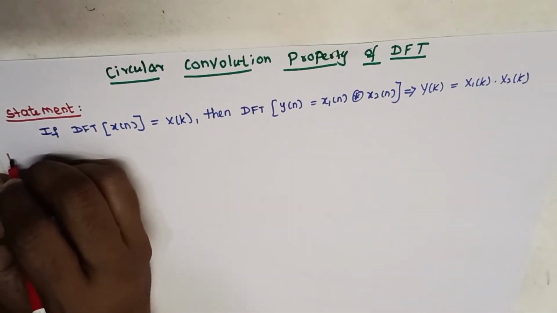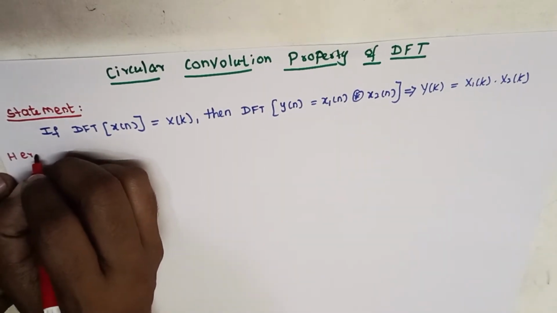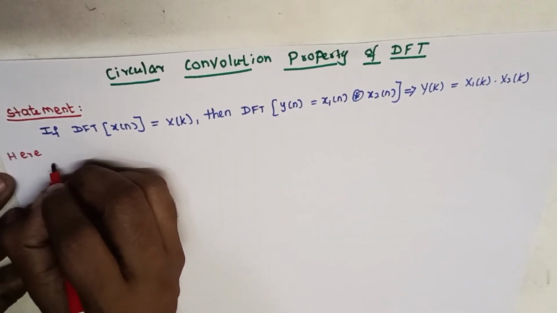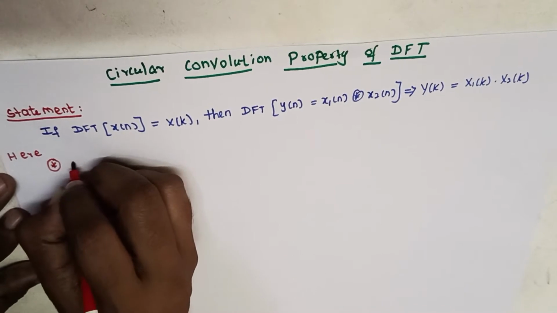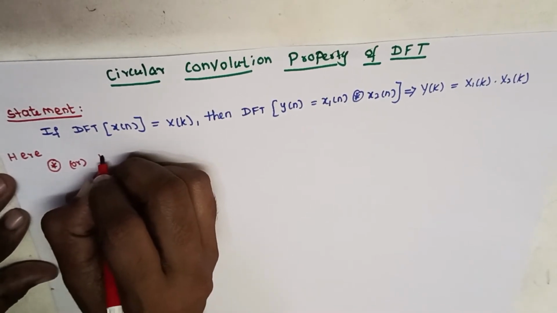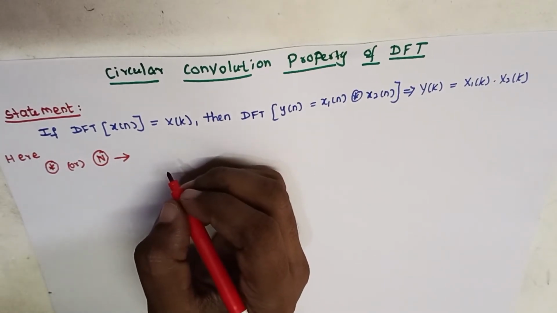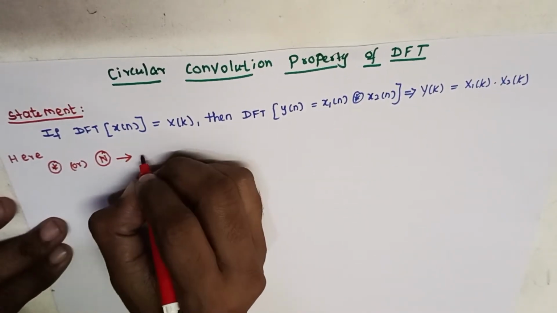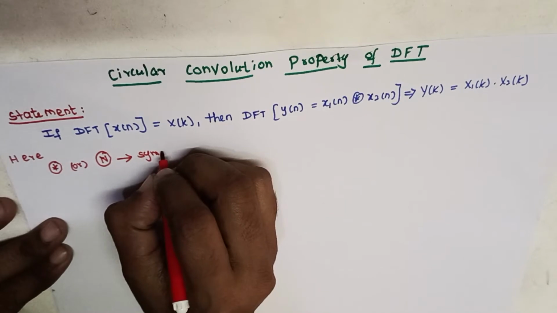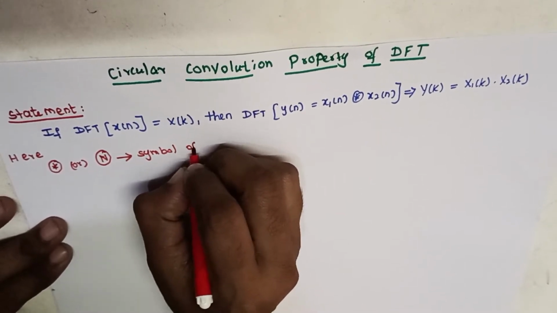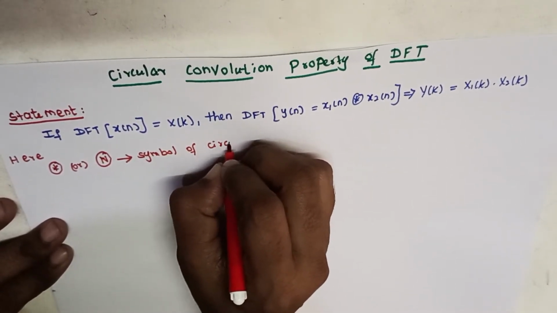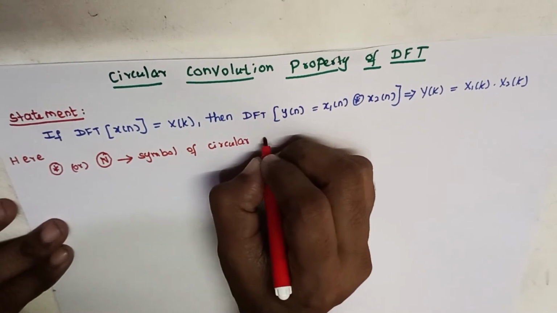And here, this star enclosed in a circle or n enclosed in a circle are used to represent the circular convolution operation. Okay.